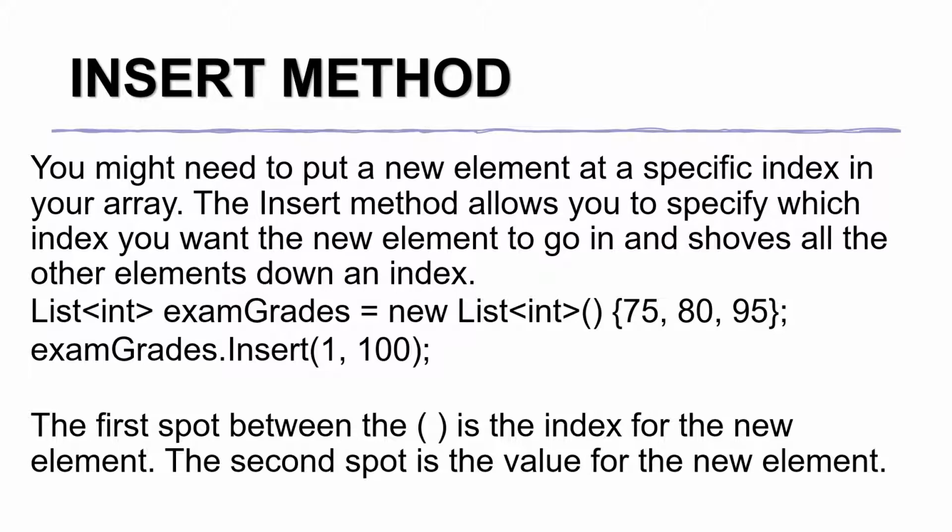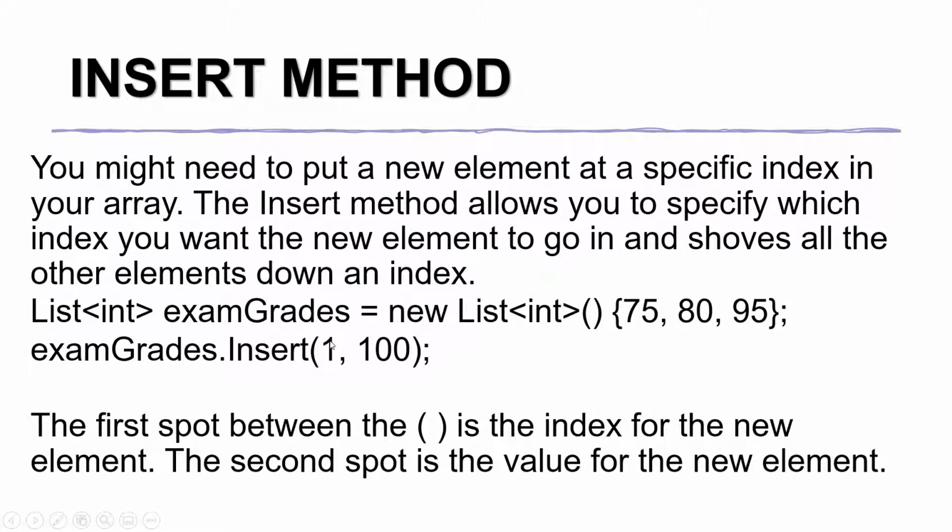In this example, we're putting this at index 1, so that would be right here. So it's going to insert 100 after 75, and then 80 and 95 are going to get moved down an index. So it'll go 75 at element 0, 100 at element 1, 80 at element 2, and 95 at element 3.